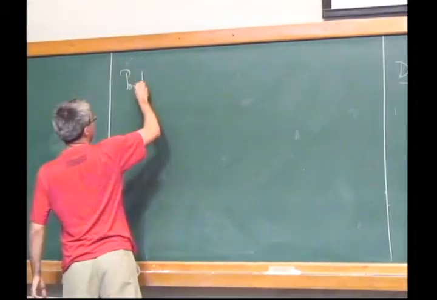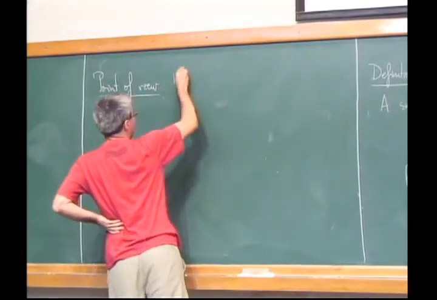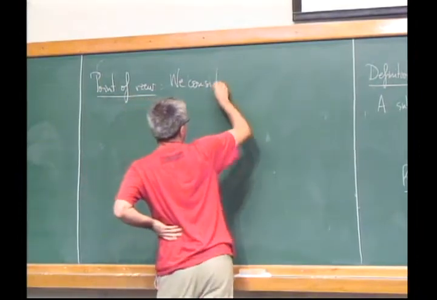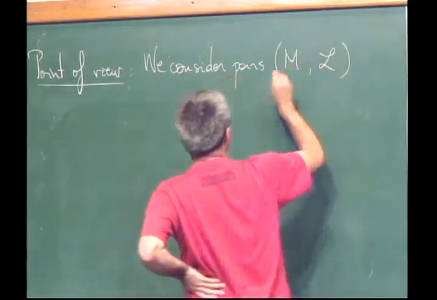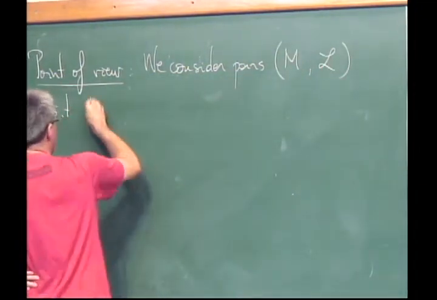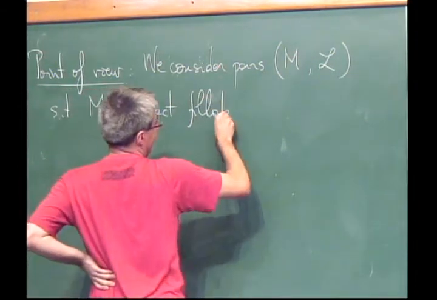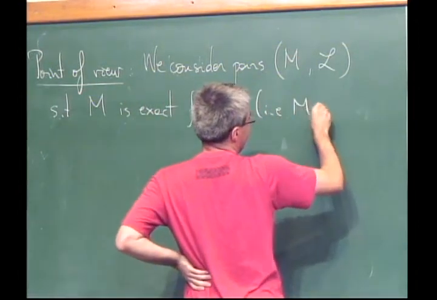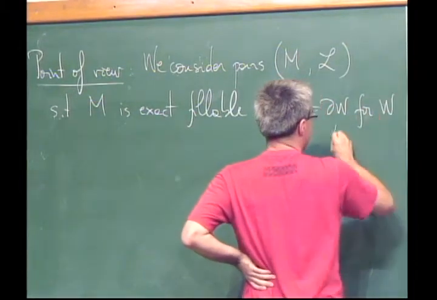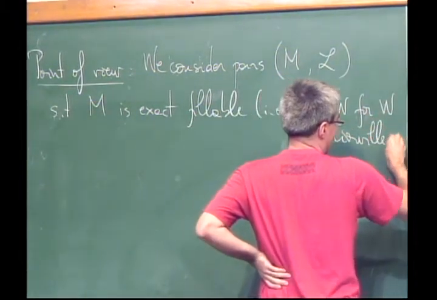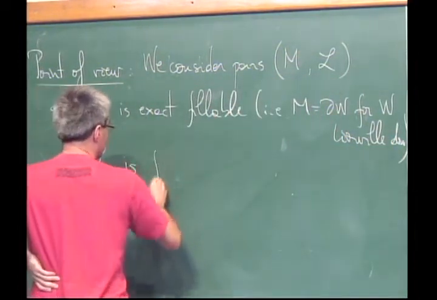Point of view: we consider pairs (M, L) such that M is exact fillable, i.e. M is the contact boundary of a Liouville domain, and L is fillable too.